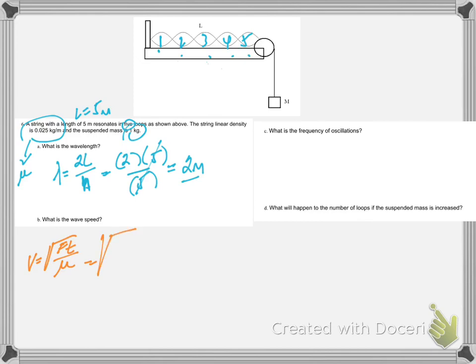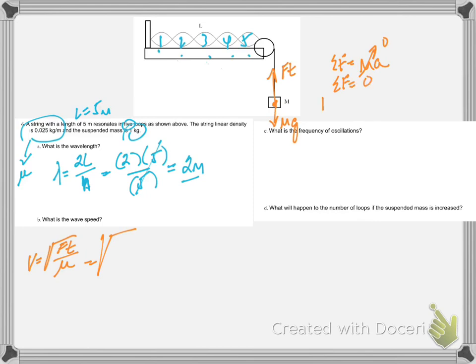Well, what's the force tension? If we look at the mass, its downward force would be its weight, mg, and the tension force is upward, right? So if we sum up the forces equals ma, and since the mass isn't dropping or going up, it has no acceleration.